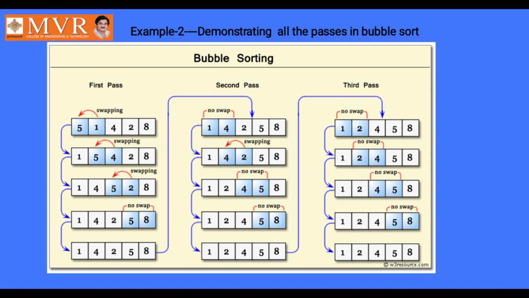If we get no swap in all the steps, then it is concluded that the list is sorted. This is the simple example which demonstrates the bubble sort technique. It is a very simple technique and we have a number of passes here.